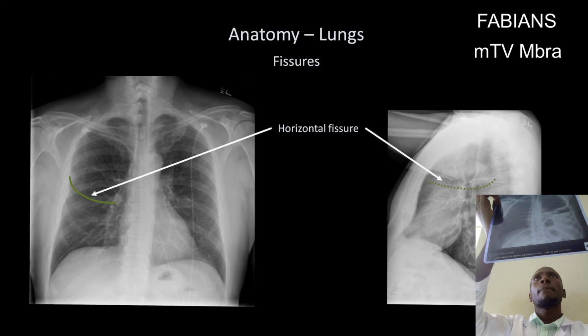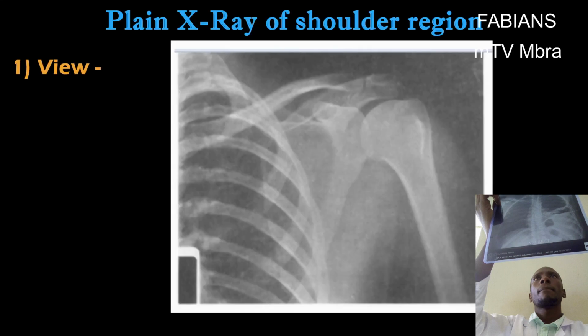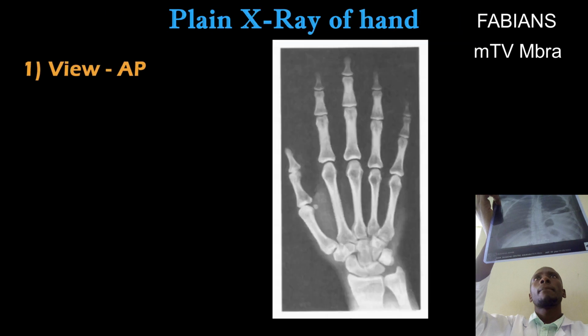Let's bring an example of a plain X-ray of the shoulder region, and now a plain X-ray of the hand. You can see those are bones. If you get the basics, the densities, you can understand it more. Maybe we shall keep on explaining more in our next videos.